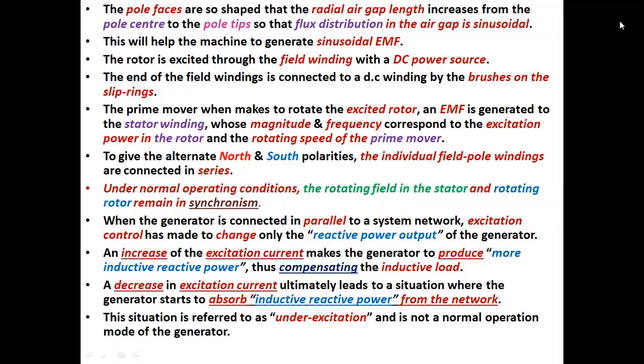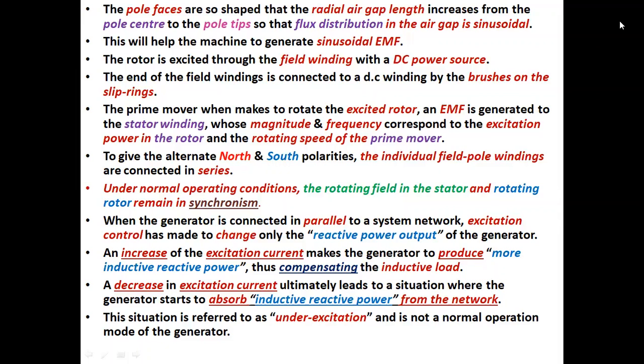Under normal operating conditions, the rotating field in the stator and the rotating rotor remain in synchronism. When the generator is connected in parallel to the system network, excitation control is meant to change only the reactive power output of the generator.